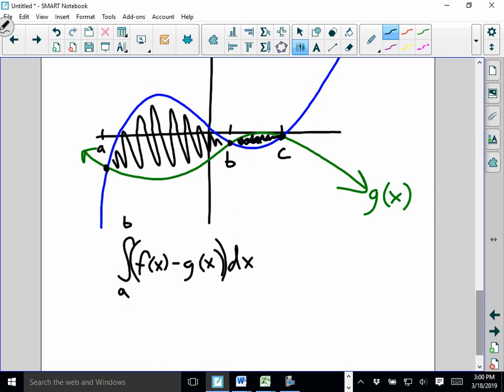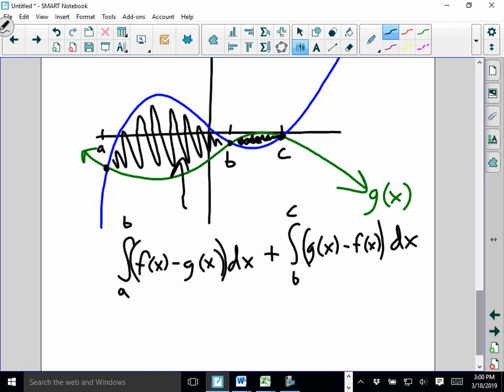So that'll give me the area of this region, making sure that f is on top, so I have to do f minus g, plus the integral from b to c, and now it's g of x minus f of x. And if I add those two up, that'll give me the total area of the bounded region there.